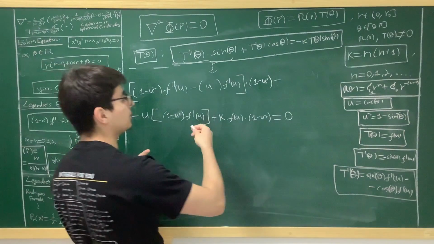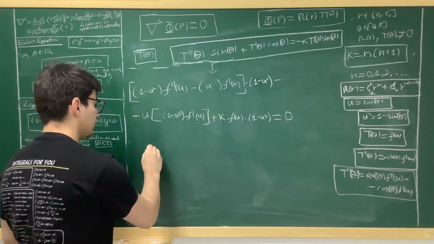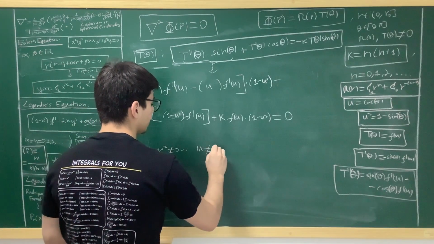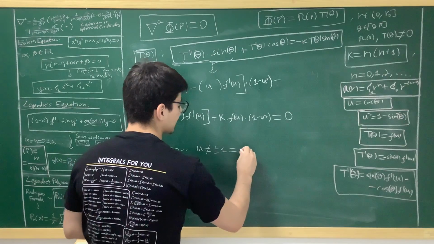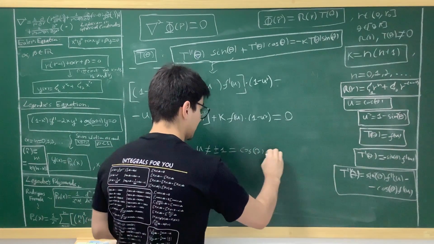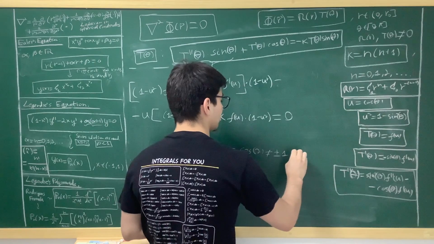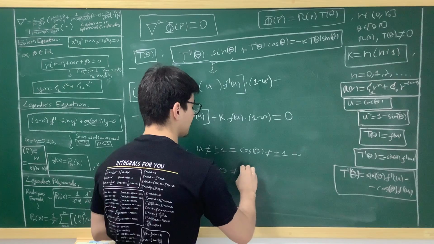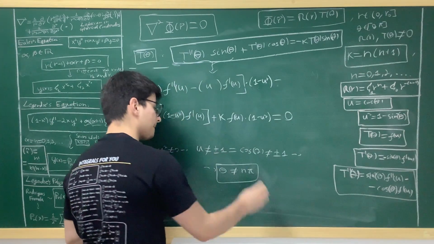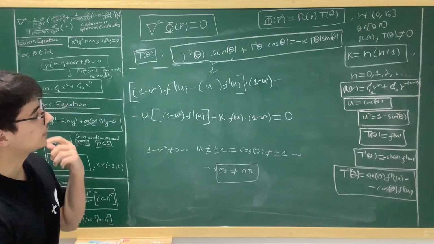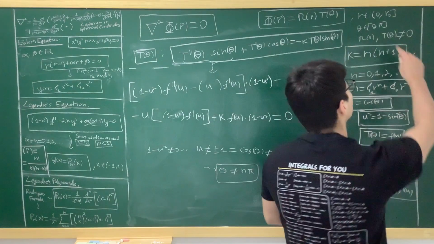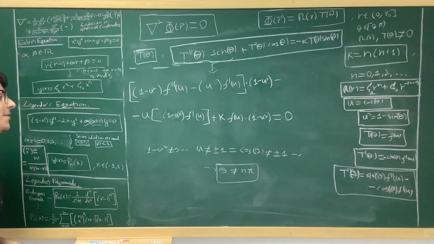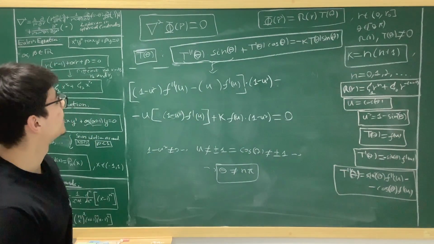We have that, of course, assuming that 1 minus u squared is not 0, meaning that u is not plus minus 1, which is the same as saying that cosine of theta is not plus minus 1, which is the same as saying that theta is not an integer multiple of pi. But well, here we said that it is. Well, let's just change that so we can divide.